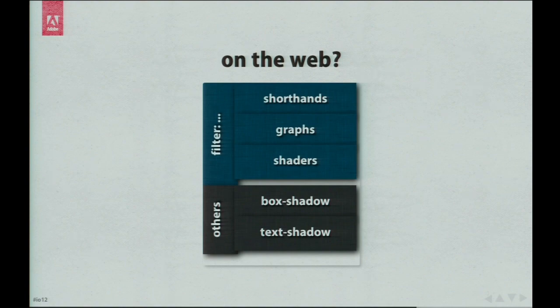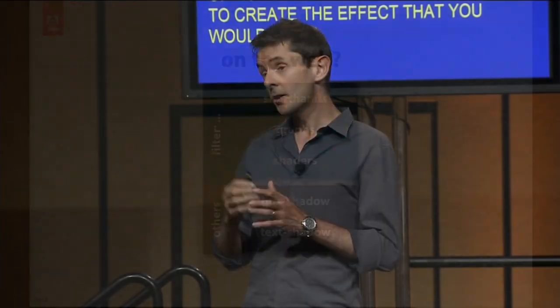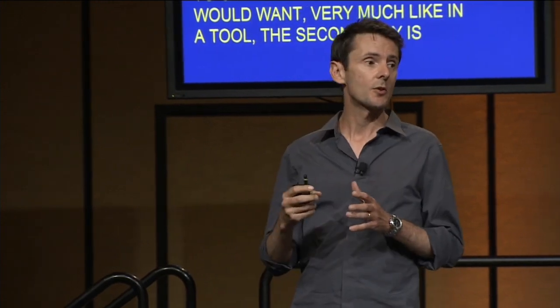The way you use filter effects is in one of three ways. The easiest one to start with is probably filter graphs. Those are filters defined as a set of nodes that you combine to create the effect you want, very much like you would do in a tool. The second way is through shorthands. So filter shorthands are shorthands for filter graphs.